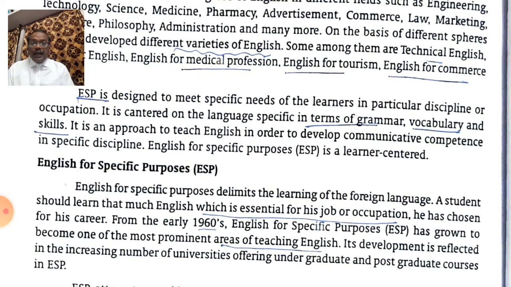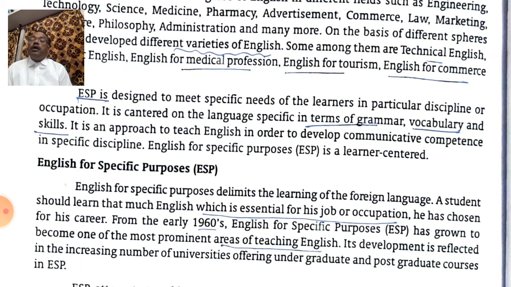Why are they learning? There is a specific purpose in their mind. If they want to develop a career in a specific field, and if they need English, they learn what kind of English is very useful for that field.